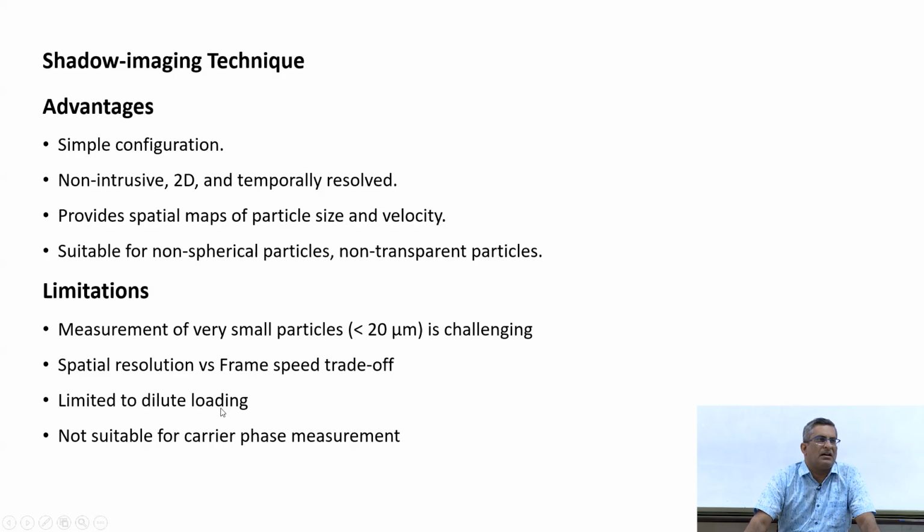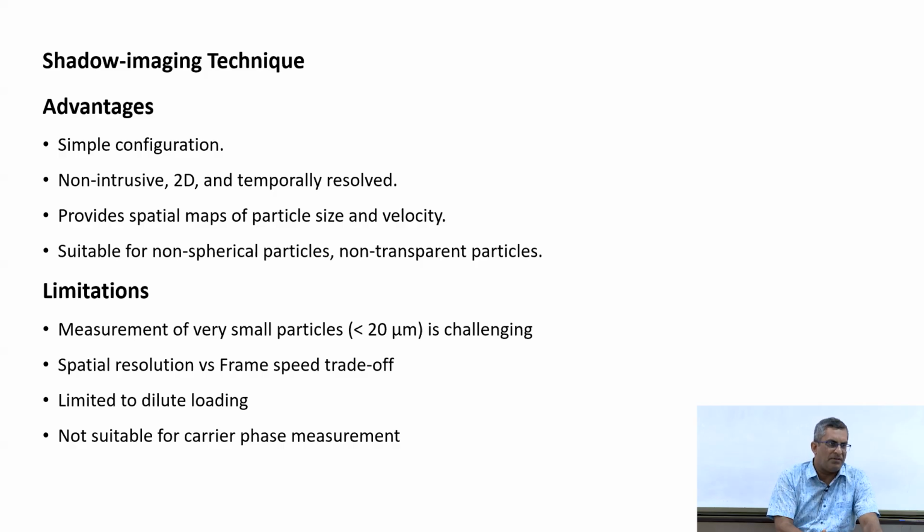So if the particle number density is high, then this suffers from multiple, I won't say scattering, but the light is diffused. So the signal to noise ratio goes down. It is very difficult to identify the particles.